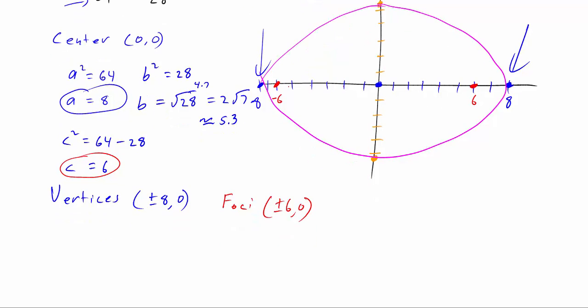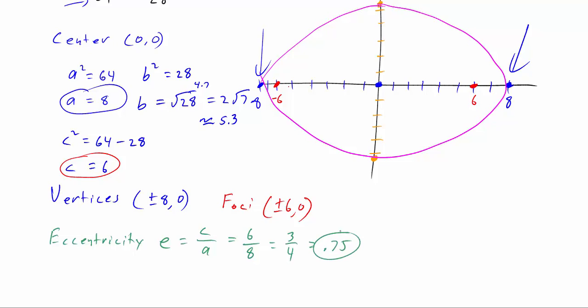And then next we have the eccentricity. Remember that e is equal to c over a, so the c value is 6 and our a value is 8. So we have 6 over 8, which reduces to 3/4, which is the same thing as 0.75.